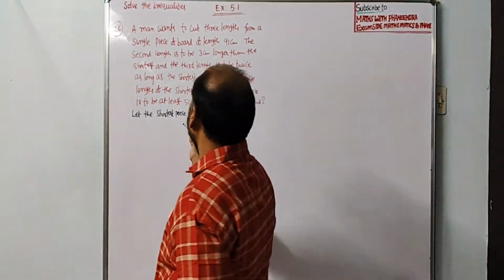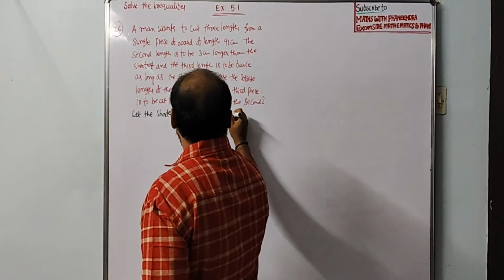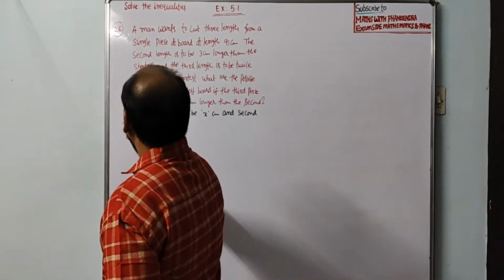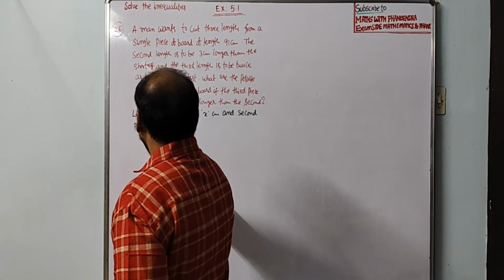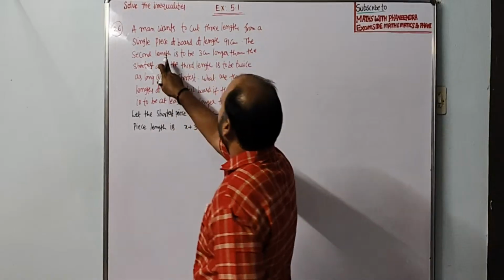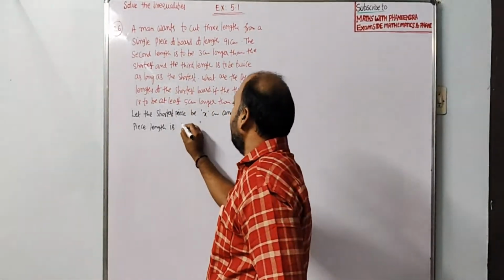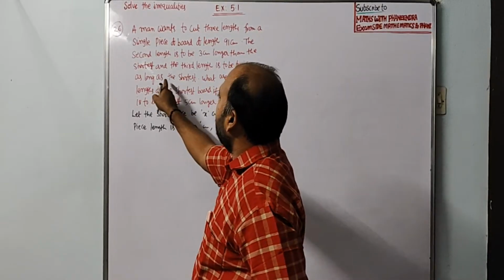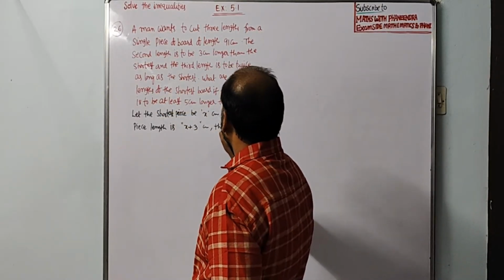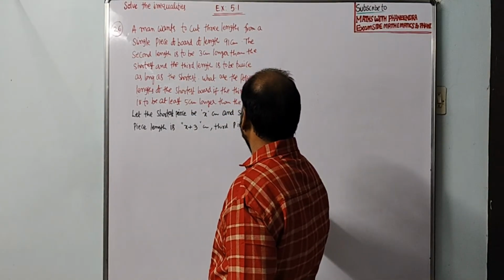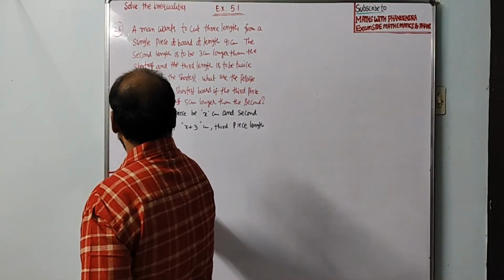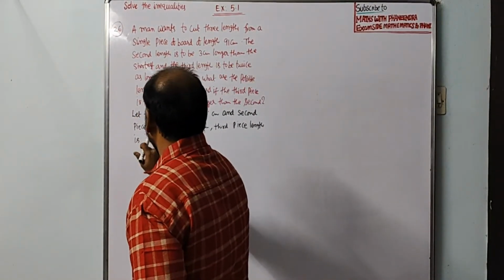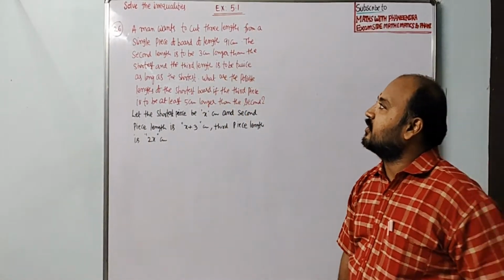The second piece length is x plus 3. And the third length is to be twice as long as the shortest, so the third piece length is 2x centimeter. This is the information, dear students.